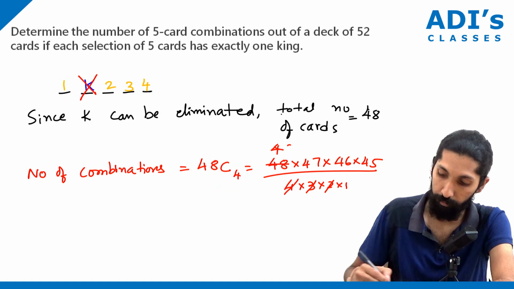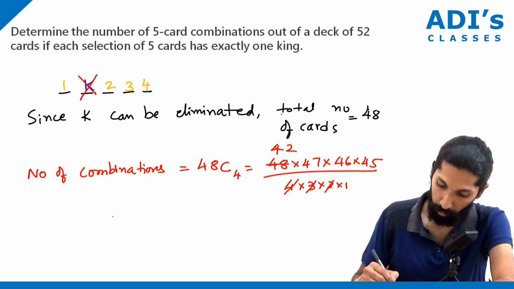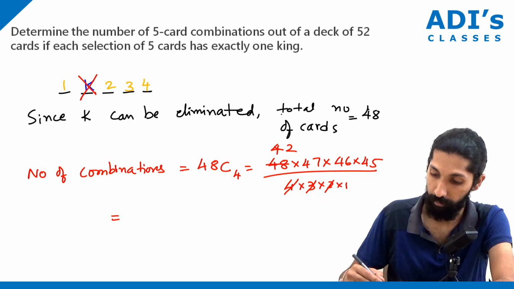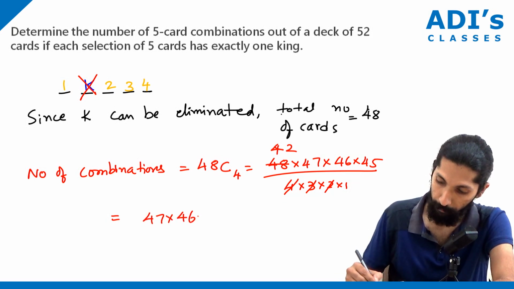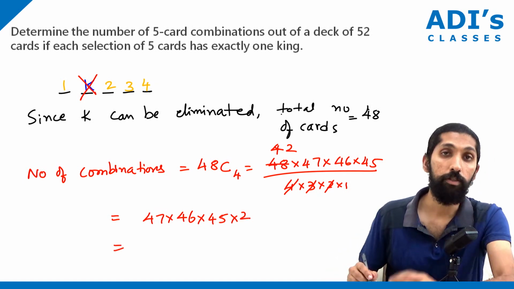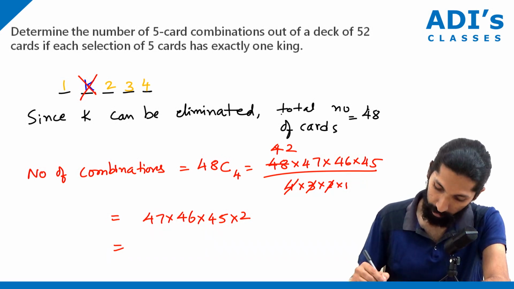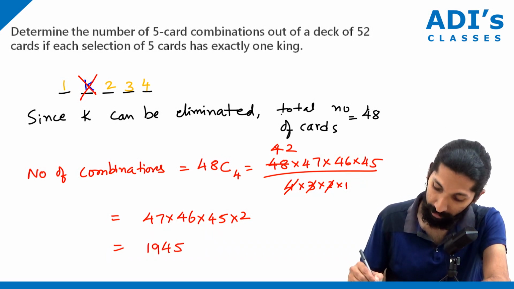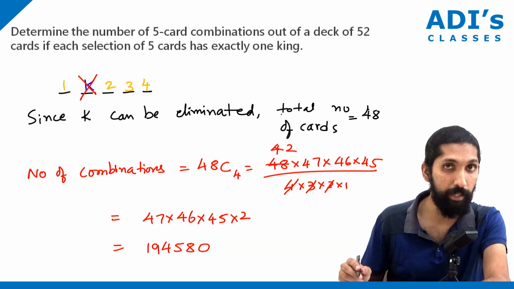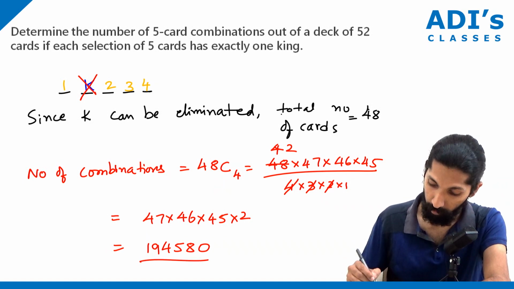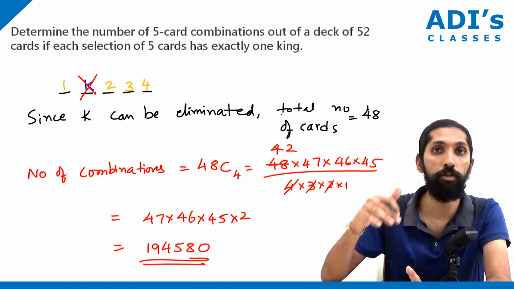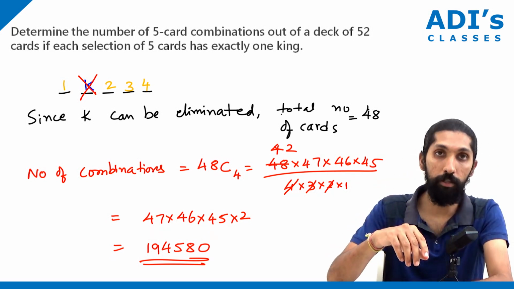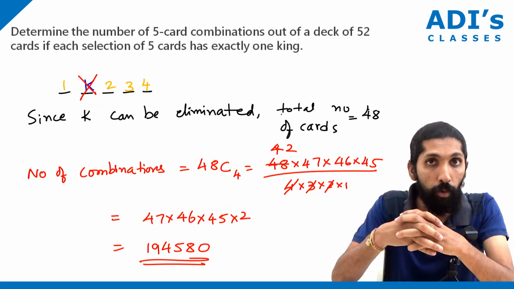Next, 2 into 2. So the number is going to be quite a big number if you look at it, because we have 47 into 46 into 45 into 2, correct? So the answer is going to be 194,580. So the number of combinations for this particular question is going to be this. Understood? So the answer is going to be quite a big number.